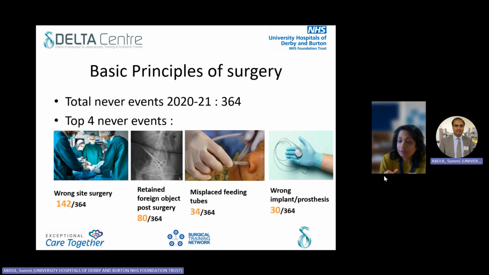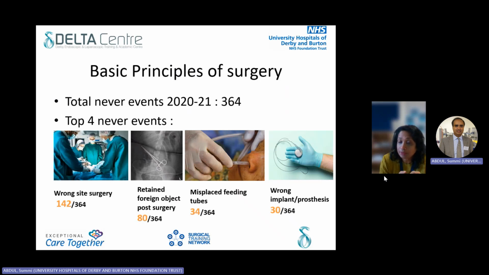When we talk about never events, that means things that should never happen in terms of safety reports. Wrong site surgery leads that with 142 out of 364 reported. Retained objects are also surprisingly high. You'd think that all our checking and rechecking should prevent that, but unfortunately it's fairly common.